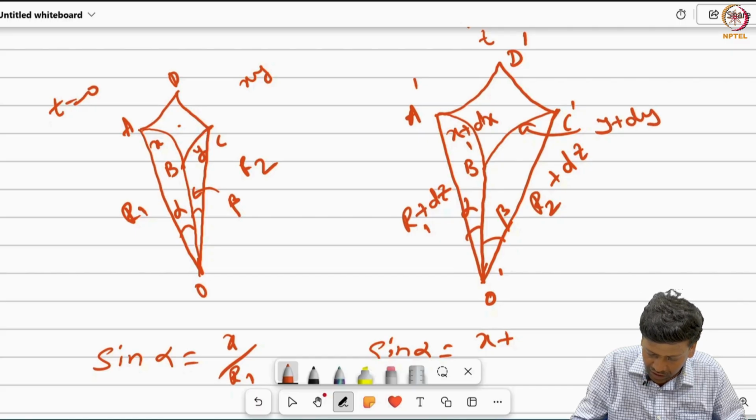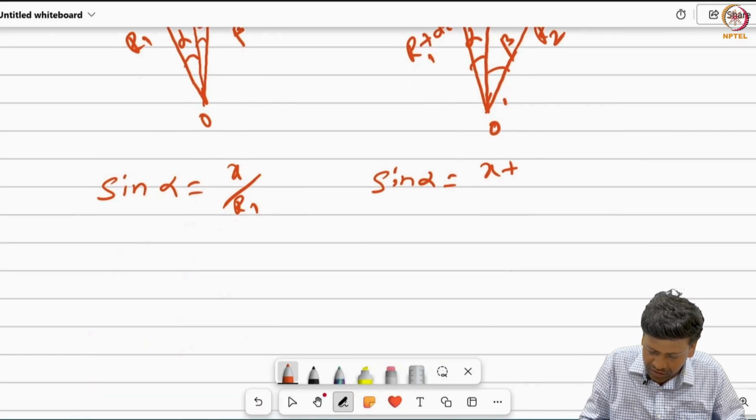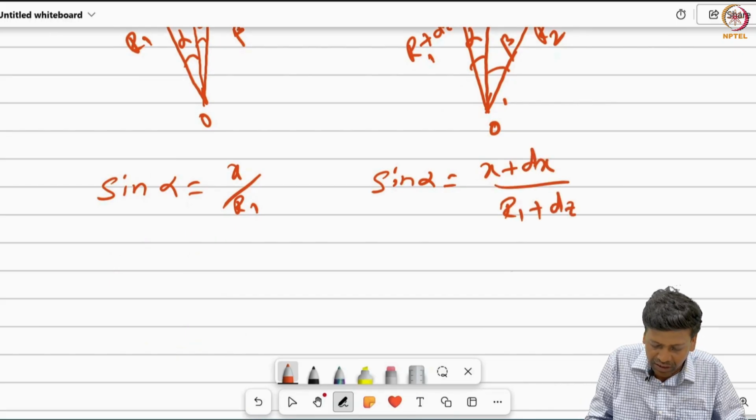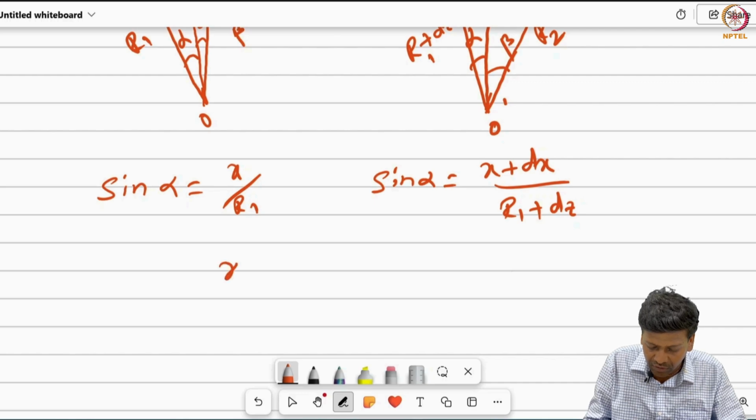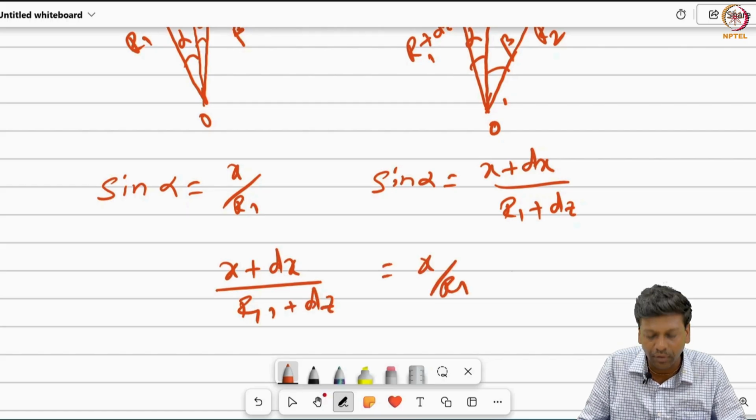So in this case, sine alpha will be x plus dx by R1 plus dz. Since sine alpha is the same, that is a proposition we set. In such a scenario, you will have x plus dx by R1 plus dz equal to x by R1.